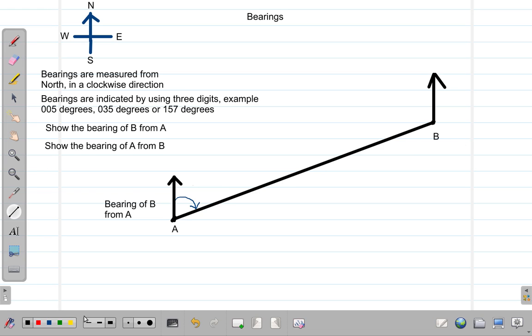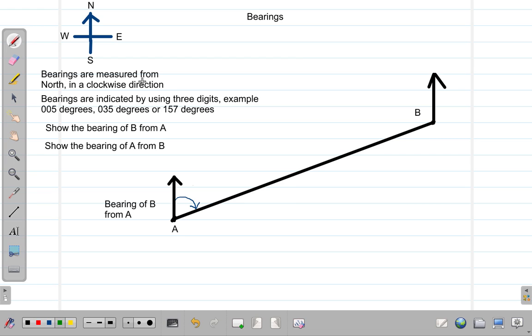Now, let me move B a little bit out of the way. Let me put B here. Alright? Now, that angle will be indicated by an arc from the north.